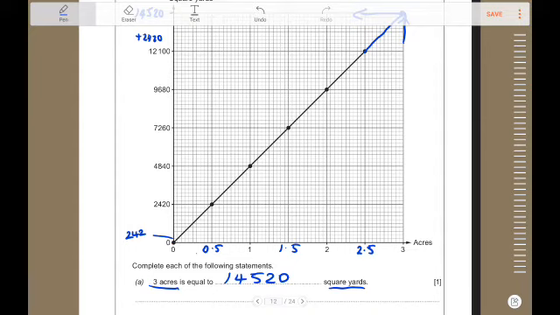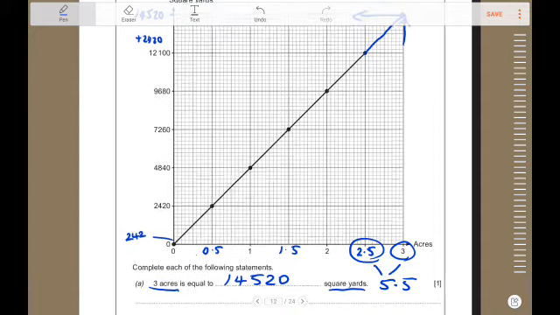So what we can do, to get 5.5 acres, we can read off 3 acres, and I've written that in, and 2.5 acres, because when you put those two together, you get 5.5 acres. Now, we already know what it is for 3 acres, 14,520. So I'm going to put that in.